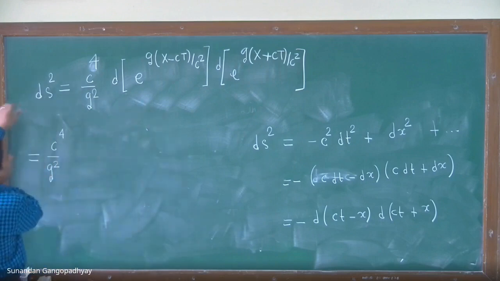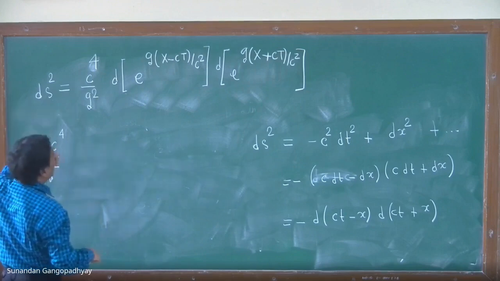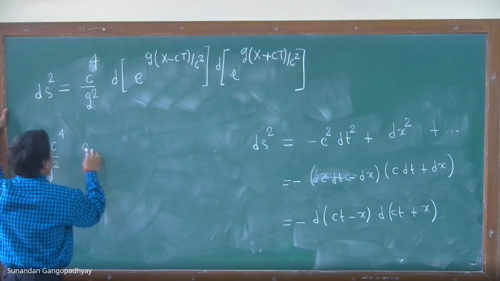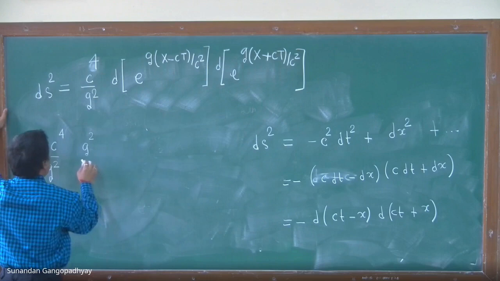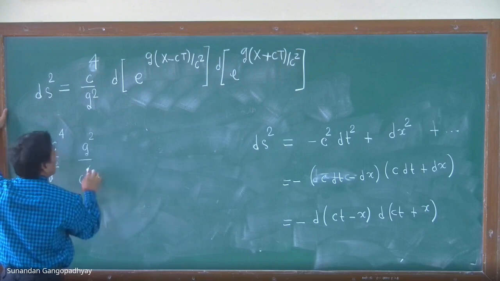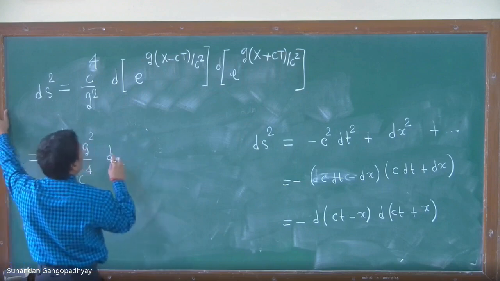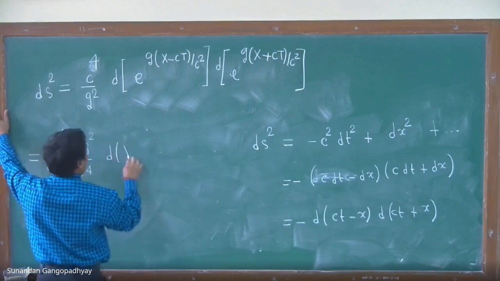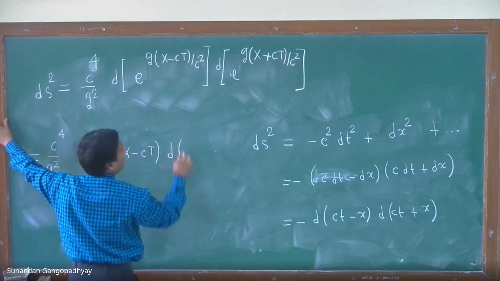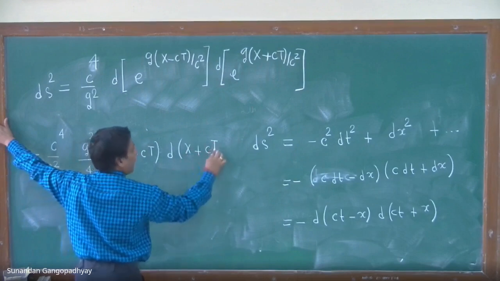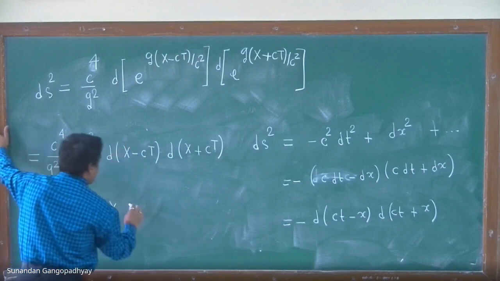If you take the derivative, then you will get g from both. I am taking the factors. It will be g square by c to the power of 4 times the derivative of x minus ct, and that will also give a derivative of x plus ct. Okay, then multiplied by the exponentials, which will remain there.